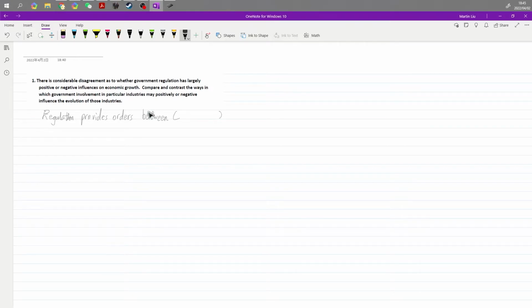The first set of players is between the market and the customer, or the companies and the customers. Well, from this point, basically what we are saying here is mostly the positive sides of regulation, between company and customers.